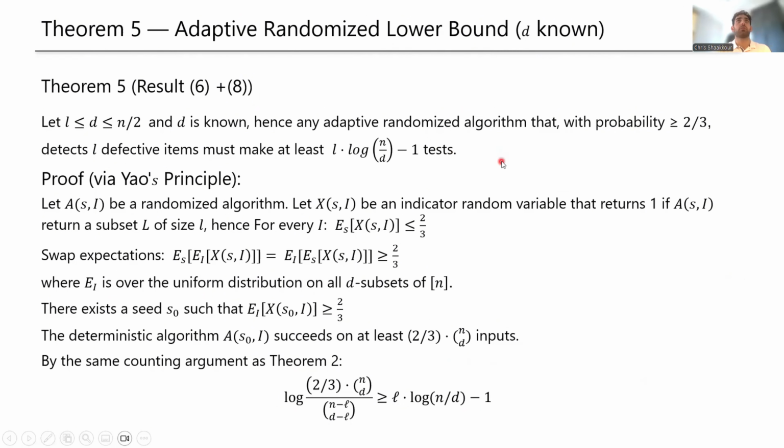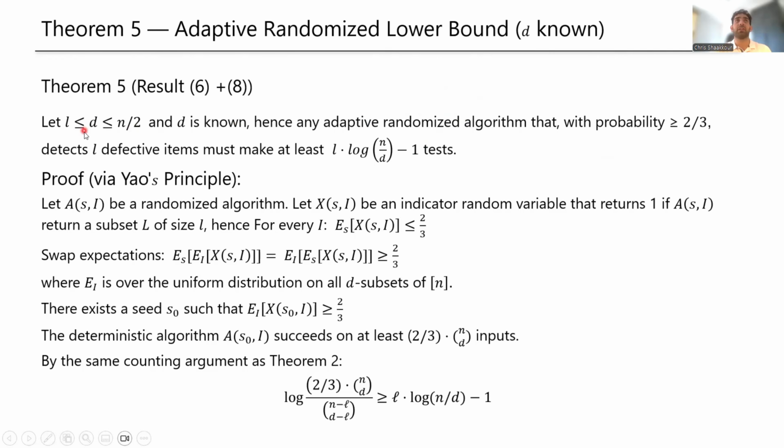So now we move on to theorem number 5, adaptive randomized lower bound, where D is known. Theorem number 5 uses Yao's principle, the principle we explained, where we take a randomized algorithm and find the lower bound using a deterministic algorithm.